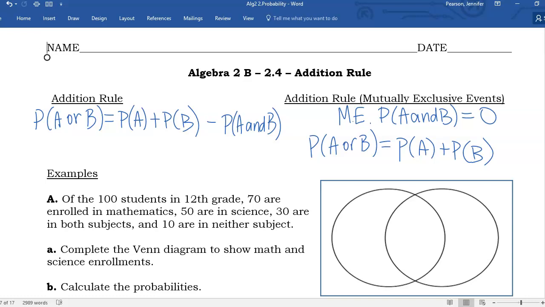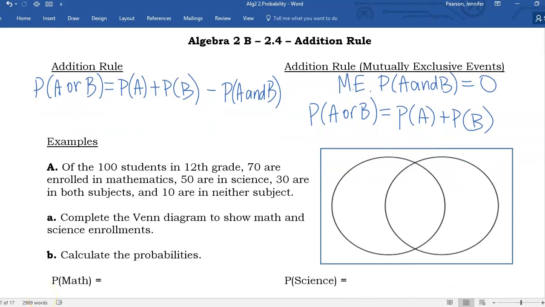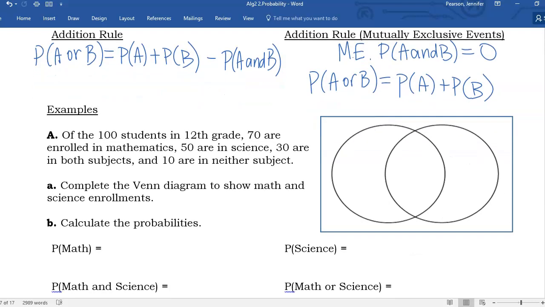Let's try. Example A. Of the 100 students in 12th grade, 70 are enrolled in mathematics, 50 in science, 30 in both, 10 in neither. Let's fill out this Venn diagram here. So I'm going to put a big M over here to show that that circle represents the math circle.